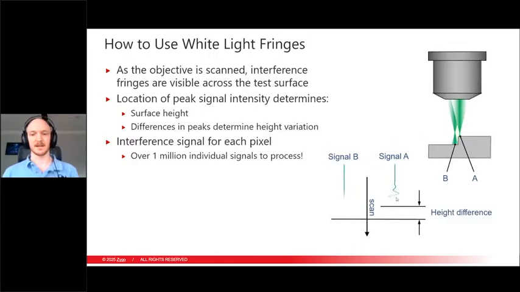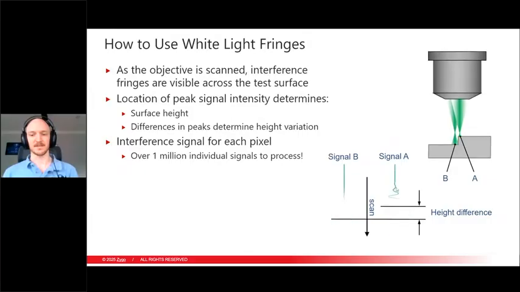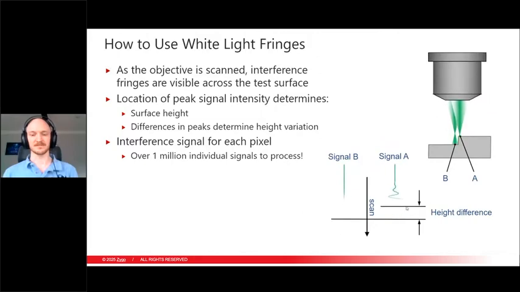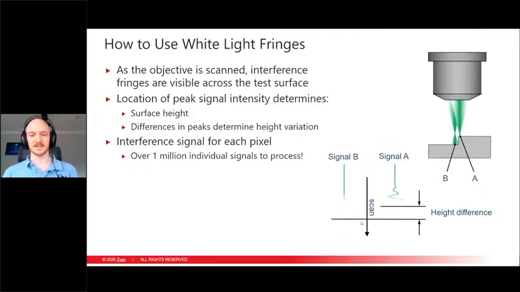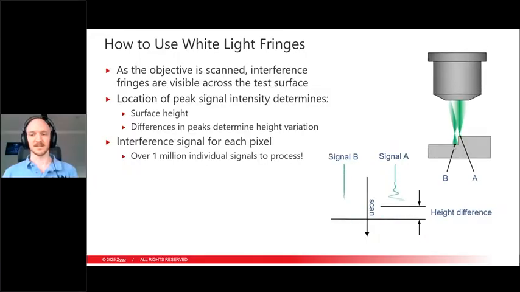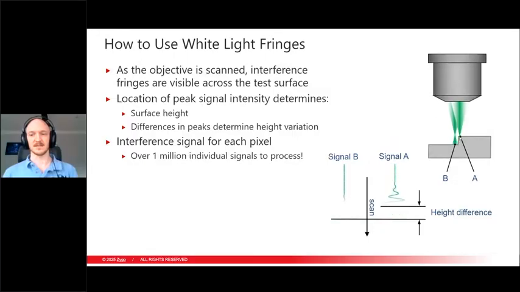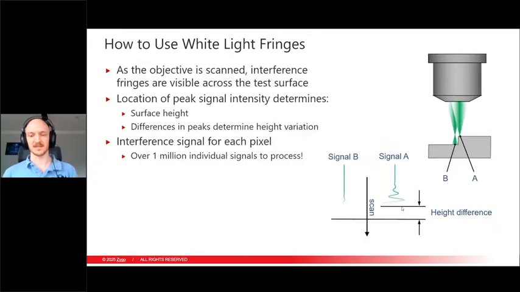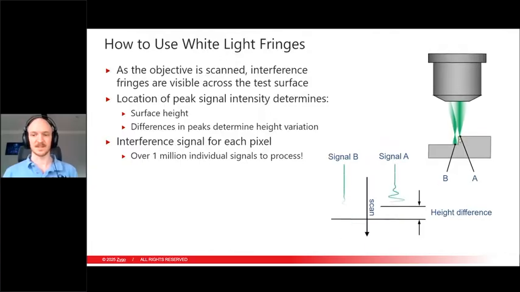For each peak in contrast for that fringe envelope, the peak will correspond to a height value. Any positional difference that we see between peaks will correspond to a difference in height on our surface. So as our objective scans, we hit point A, which corresponds to the peak contrast for signal A, and the same with point B, and then we get our height difference between these two.